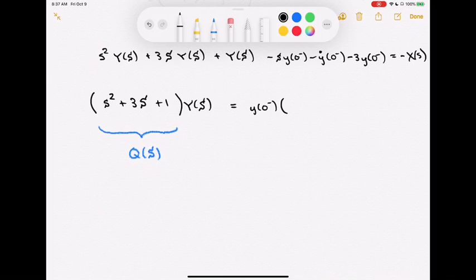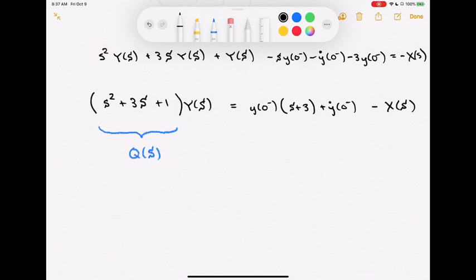The minus signs are going to get changed to pluses when I bring them to the other side. So I'm going to have an s plus 3 in there, right? And then I'm going to have a plus y dot at 0, something along those lines. So those were all those initial condition type terms that were on the left before, and now I brought them over to the right. And then I have in here a minus x of s, something along those lines.